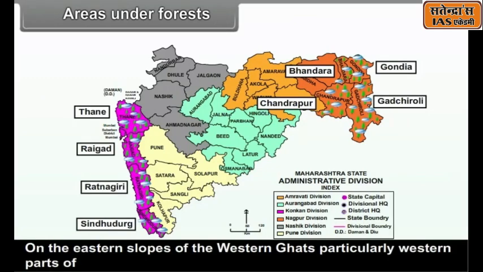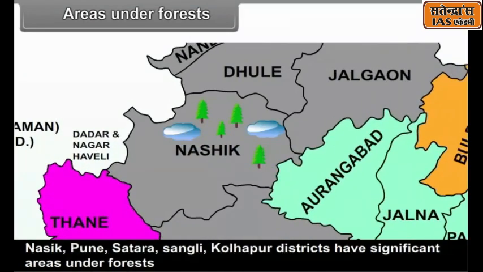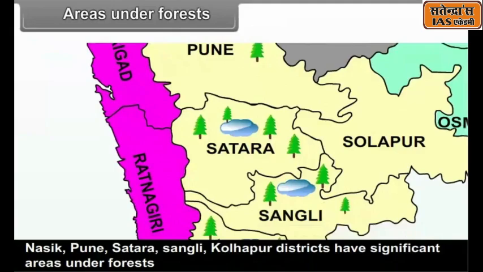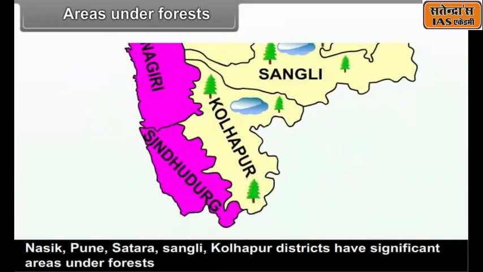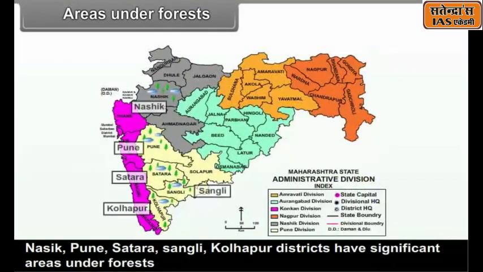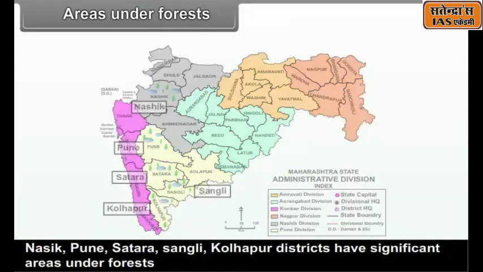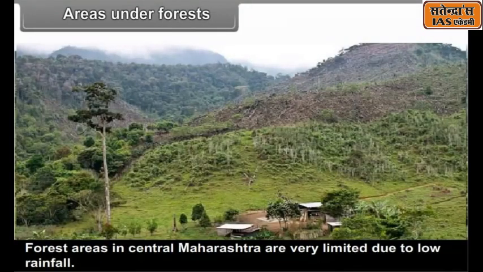On the eastern slopes of the Western Ghats, particularly the western parts of Nasik, Pune, Satara, Sangli and Kolhapur districts have significant areas under forests. Forest areas in central Maharashtra are very limited due to low rainfall.